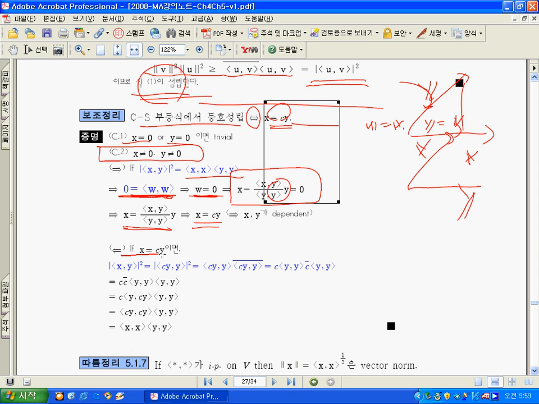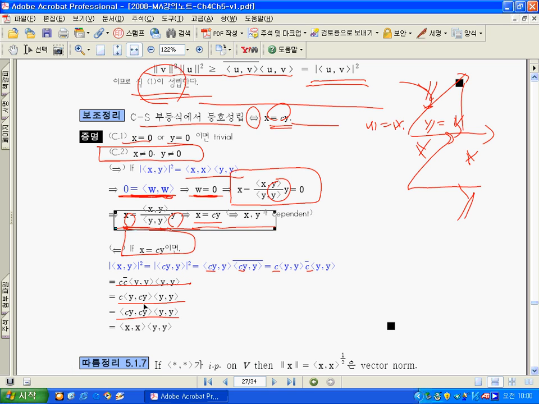Suppose X is a constant multiple of Y, then this can be written in this way. And we can rewrite it in this way. And C and C conjugate came out this way. This is the same as this. This C can go in this way, and this C goes in this way.